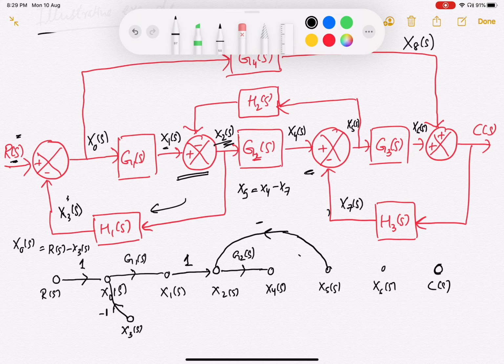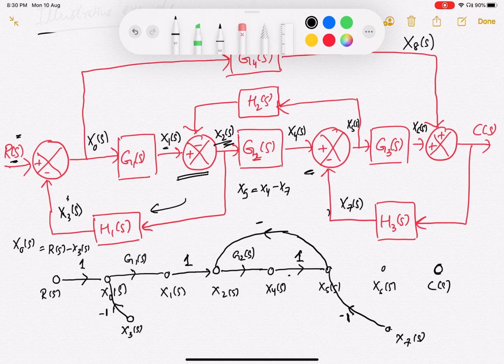So you have X7 somewhere here. Let us make X7S here, and then you multiply X7 with minus 1, and X4 you multiply with 1, and you get X5, right? So X5 is the sum of these signals, X4 minus X7.